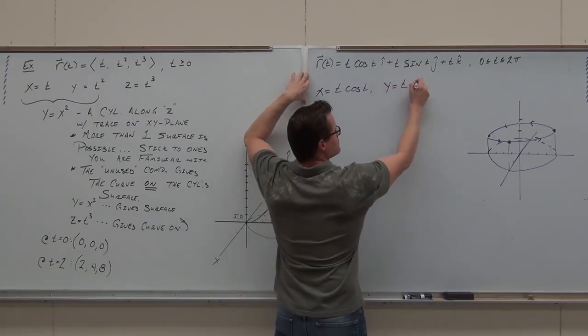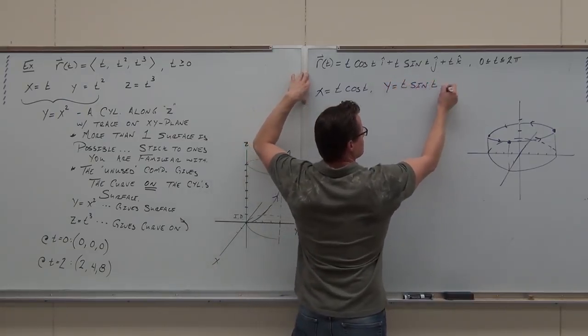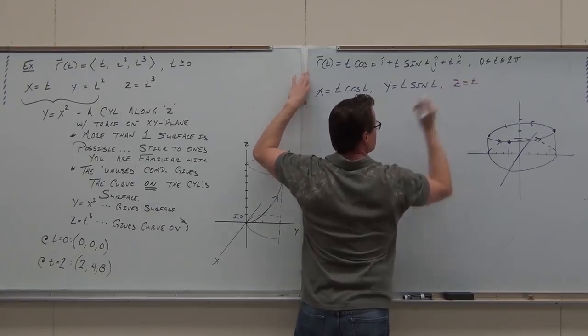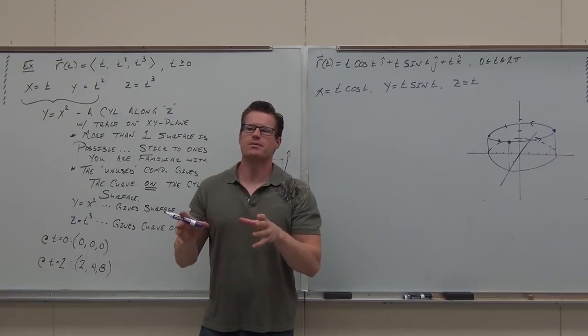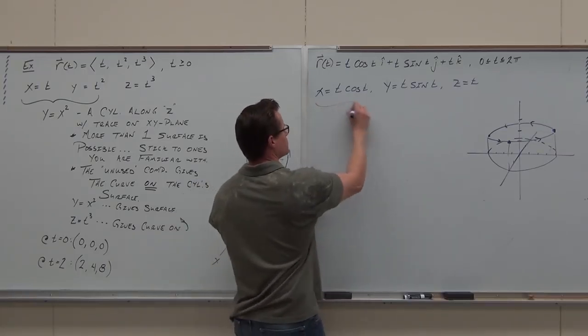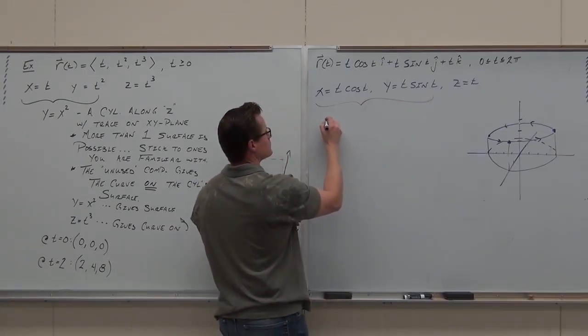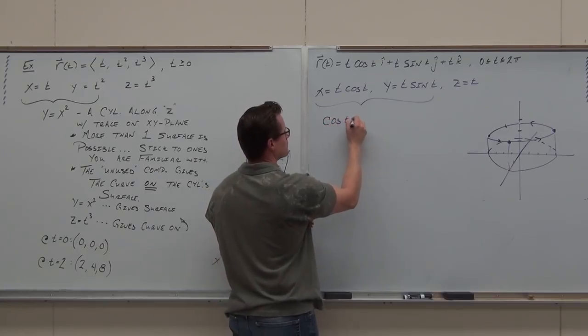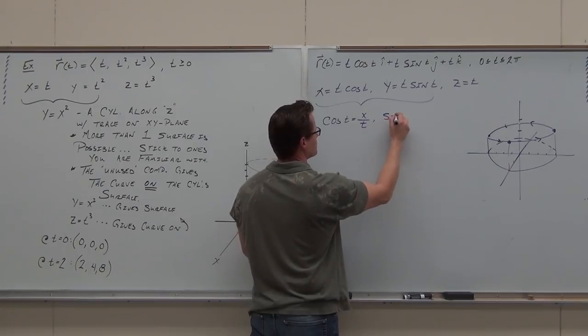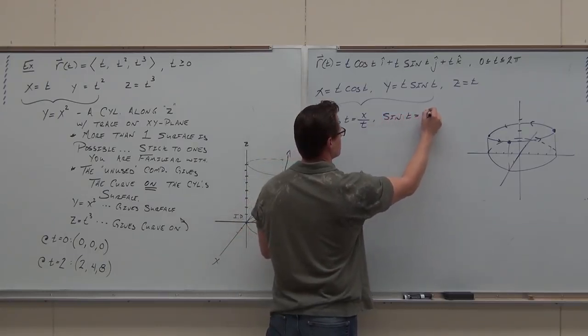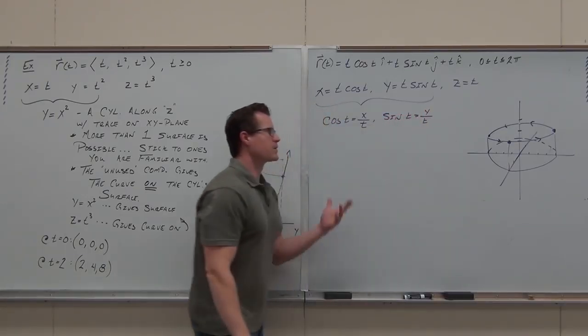I know what Y is. I know what Z is. Let's try to do the same thing that we just did with these two. Okay, I want to see if you can make it that far.